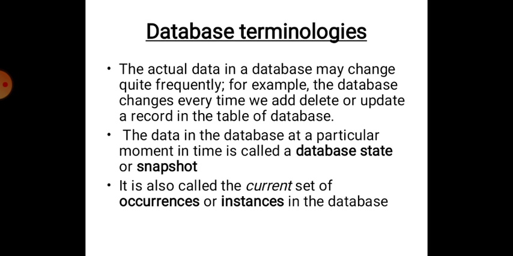Whether some people have left earlier or some people have joined earlier, that is not identified. What is identified is the number of students, or who the students are, sitting at that moment of time. So database state pertains to the number of records present in the table at that moment. It is also called the current set of occurrences or instances in the database.